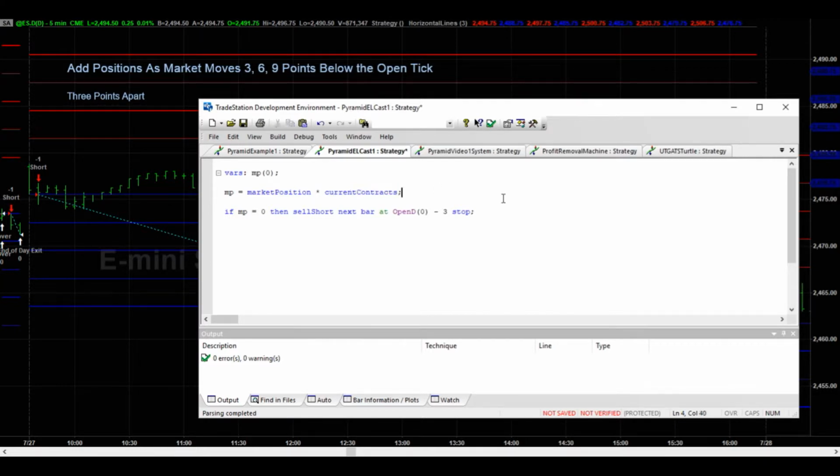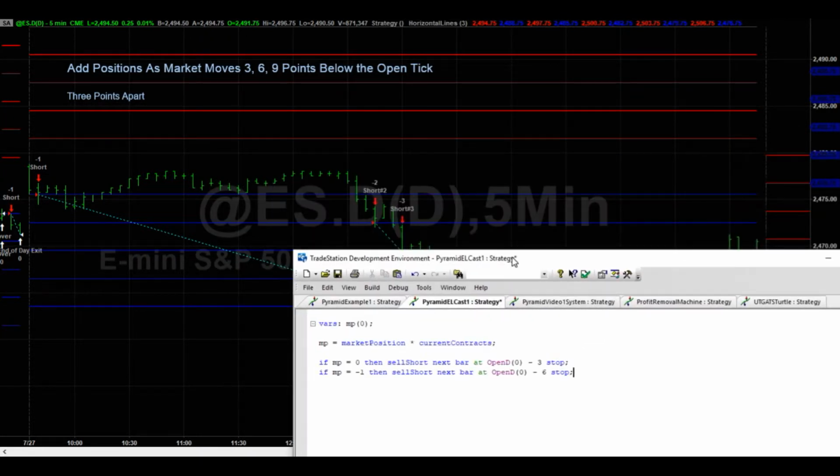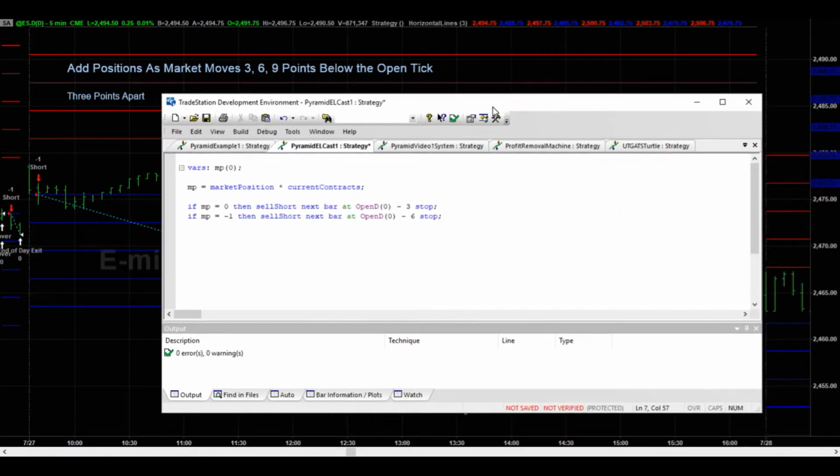So what I want to do next, the next order is, and we can just type this very quickly, if MP is equal to -1, then I want to sell short again at the next bar at open D 0 minus 6 on a stop, correct? Okay. We are going to sell here, and then we're going to sell here. Okay. So let's pull this back up.